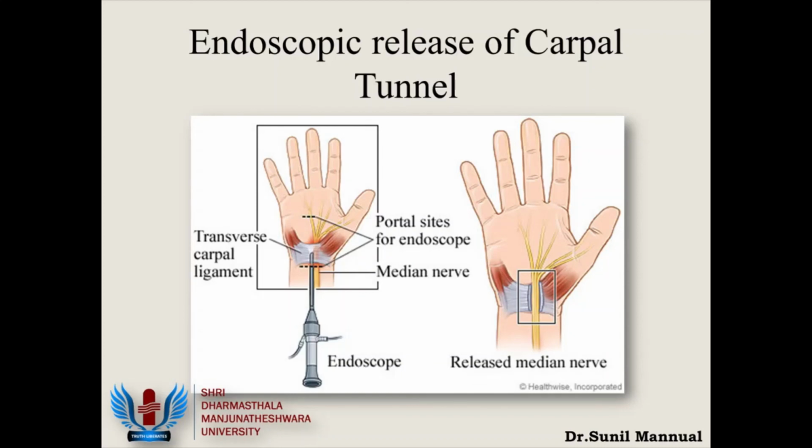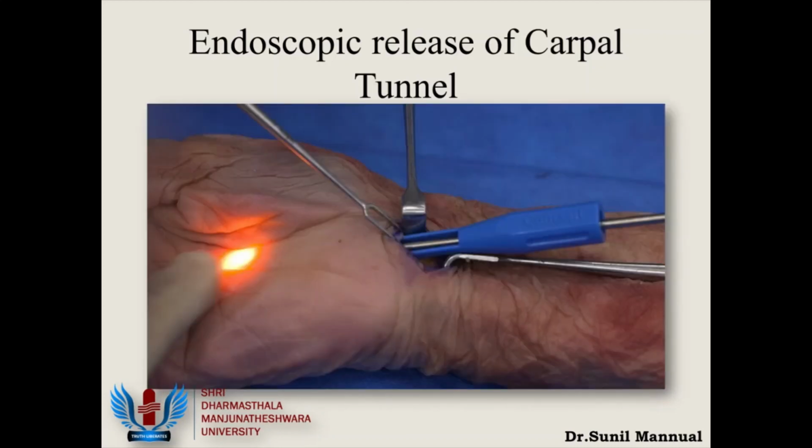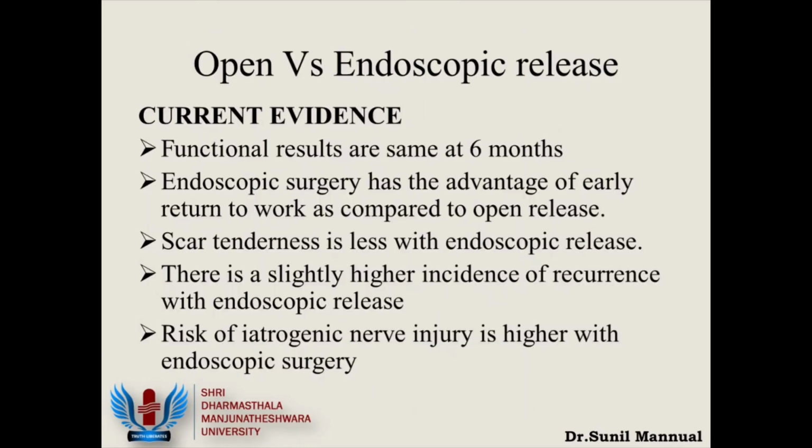Moving on to slide number 27. So there is always this debate between open versus endoscopic release, and therefore some studies, the result of current studies are like this. The functional result of both open surgery as well as endoscopic surgery is the same at 6 months. That's the first point. However, as I mentioned before, endoscopic surgery patients can have the advantage of returning early to work as compared to open release surgeries.